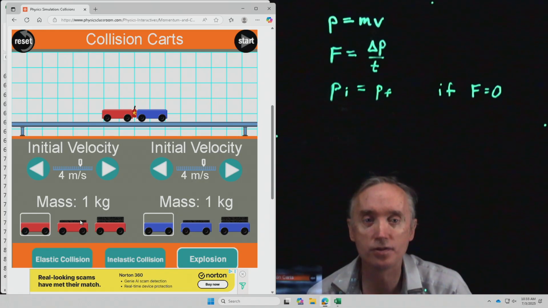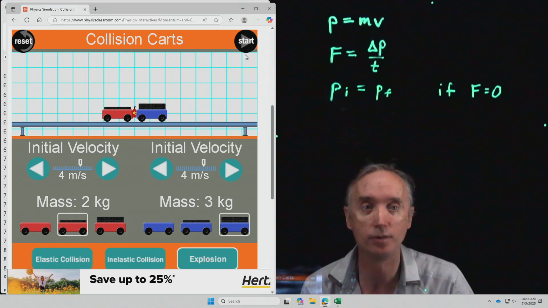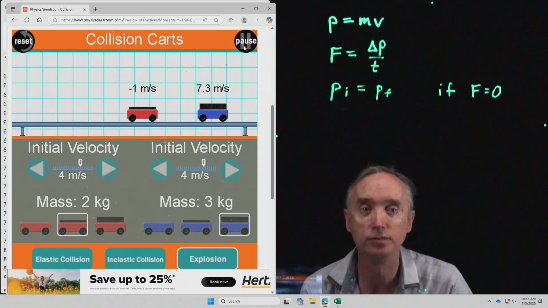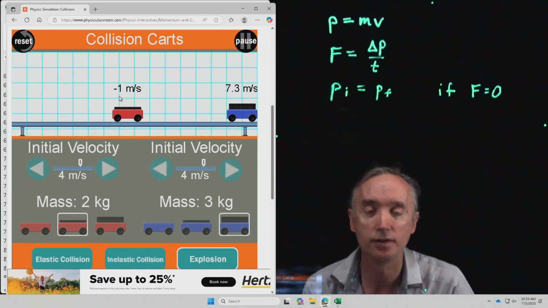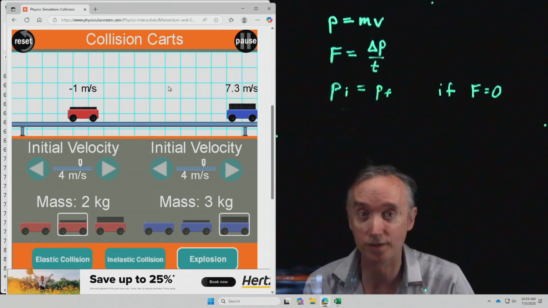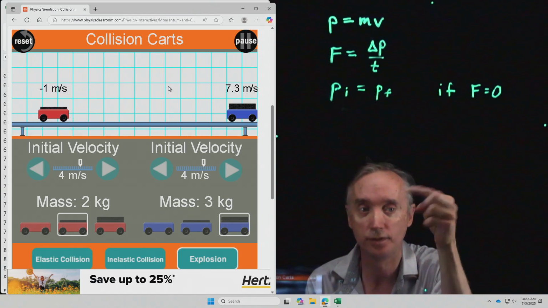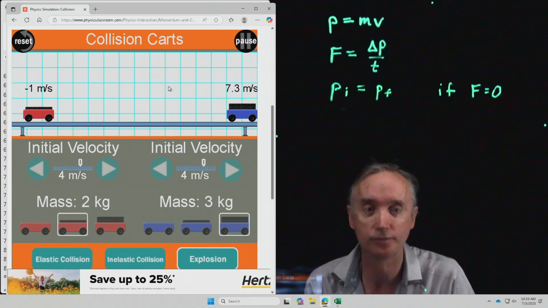Then we could also change the mass of the carts if we want. Then we could hit the start button, and it's going to tell you the final speeds of the carts. Do you notice this one's negative? So what does a negative velocity mean? It's moving in that direction.